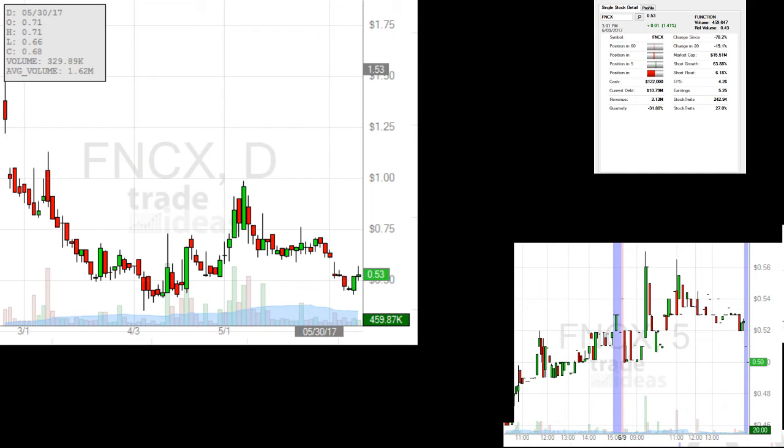It's got a float of 6%. Looks like it beat its EPS, because I can only imagine that the analyst looked at its financials and said this is junk, so they probably had a lower EPS than normal.